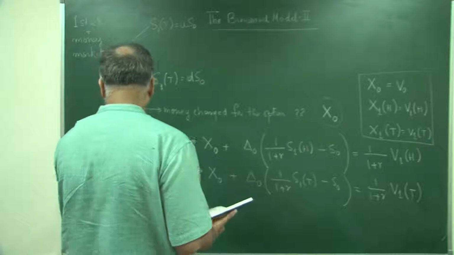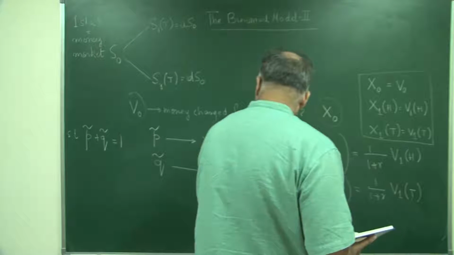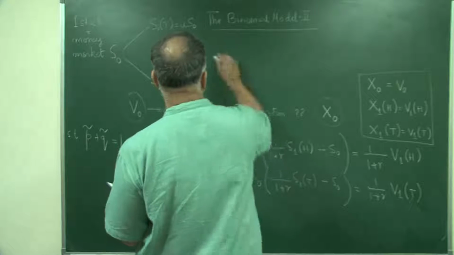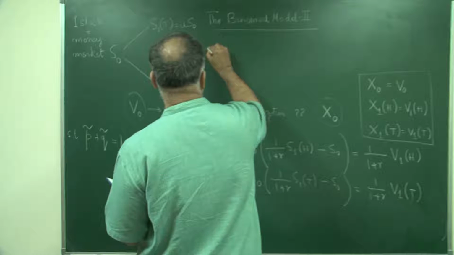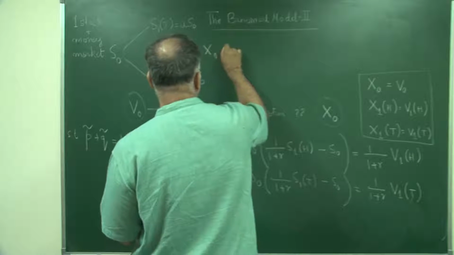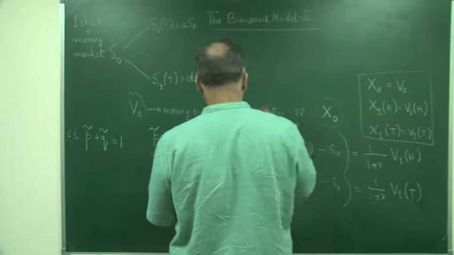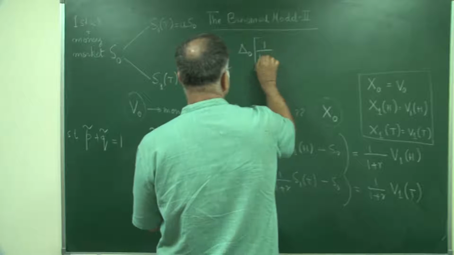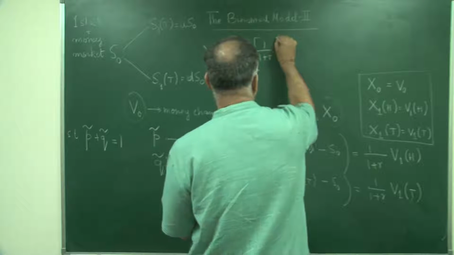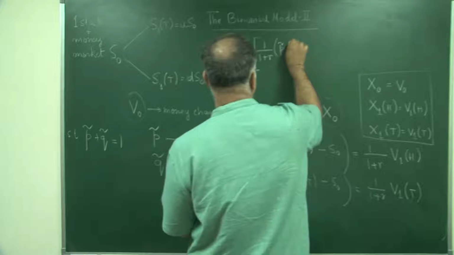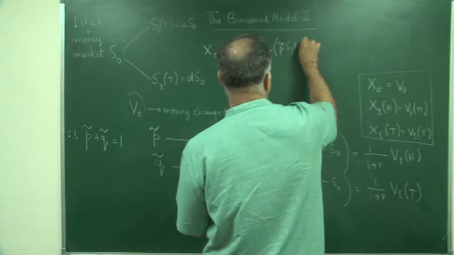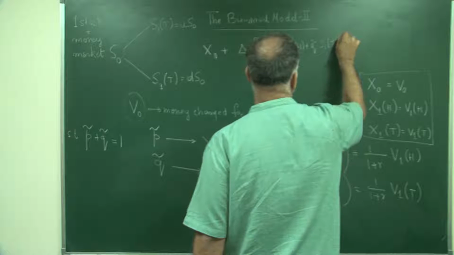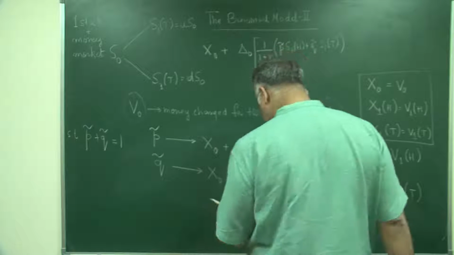We said just two quantities that add up to 1. We multiply the first term by p tilde, the second term by q tilde, and then add these two things. So finally we would have x naught plus delta naught times (1 plus r) times (p tilde S1H plus q tilde S1T minus S naught).